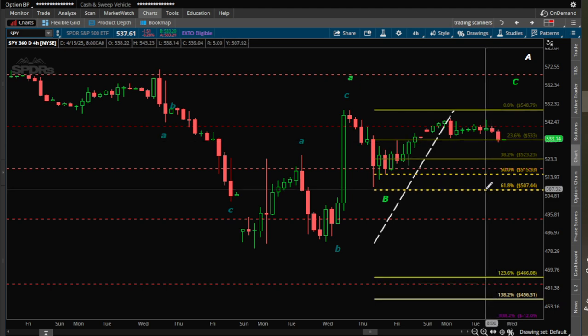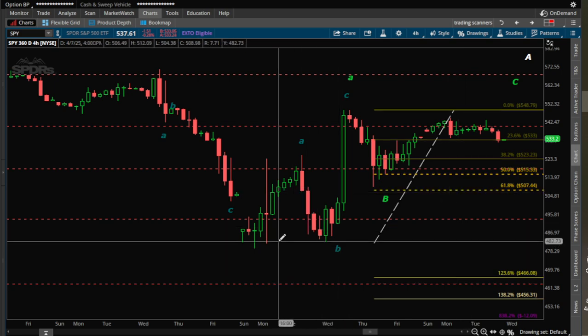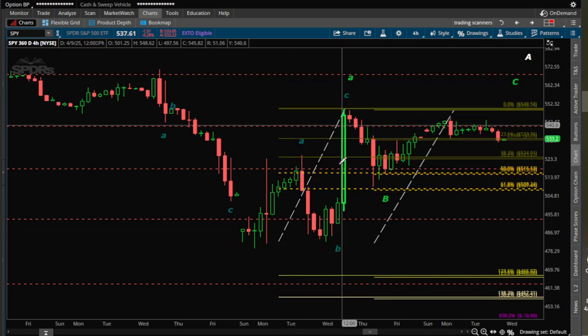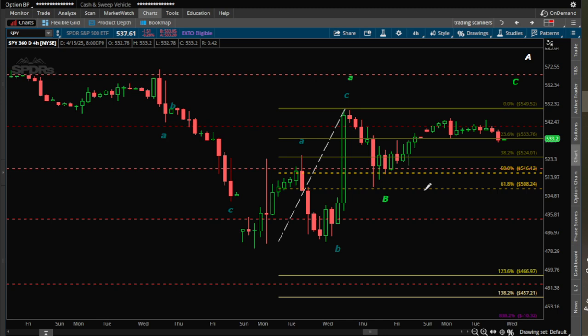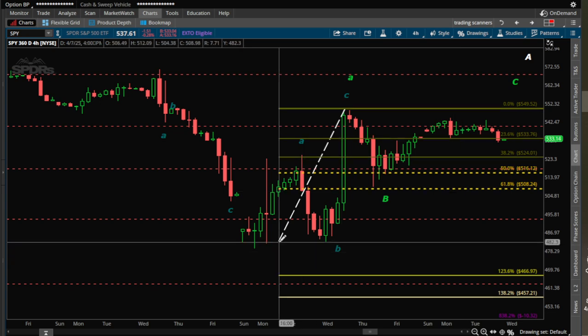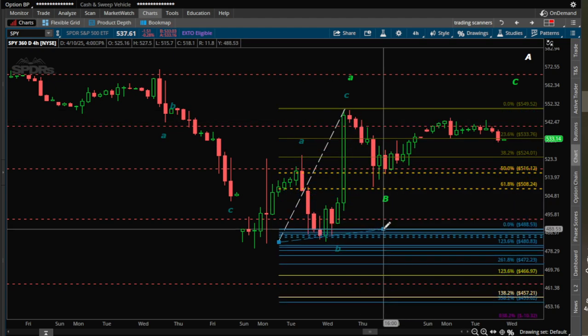If we go past the 507, then we're probably going lower, and we can get a measurement. Our first target would be 466. So if we break the 507 level, I think is what I said, then 466.